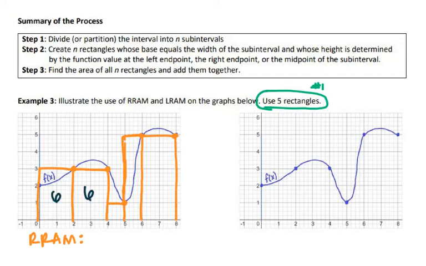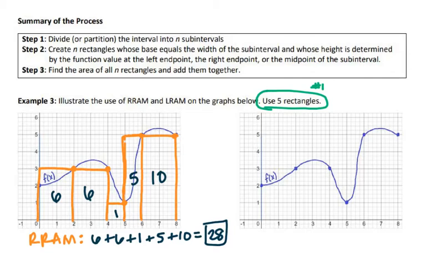And then again, 1 by 1, 1 by 5, and then 2 by 5. So the right endpoint rectangular approximation method is going to equal 6 plus 1 plus 5 plus 10, which is an area of 28.